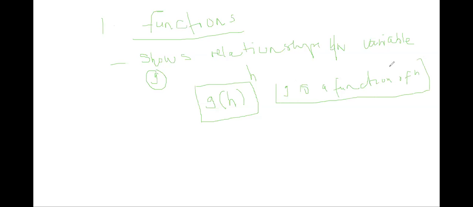Mathematically, we call it like this, but in plain language, we can just say that G is the grade of a student, and H is the hours studied.